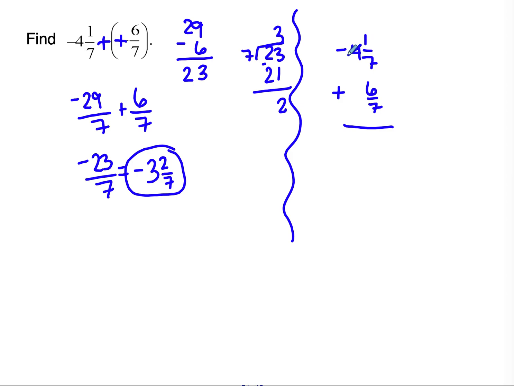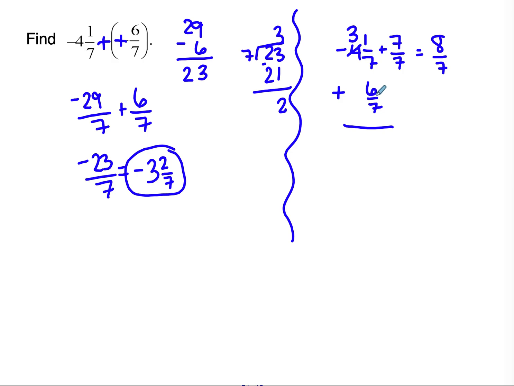I'm going to change that 4 into a 3. And I'm going to add 1 whole to the 1/7. With fractions, 1 whole means the same number is on the top and on the bottom. So it's like I'm adding 7/7. Okay, so 1 plus 7 is 8. So really this is like -3 8/7 plus 6/7.